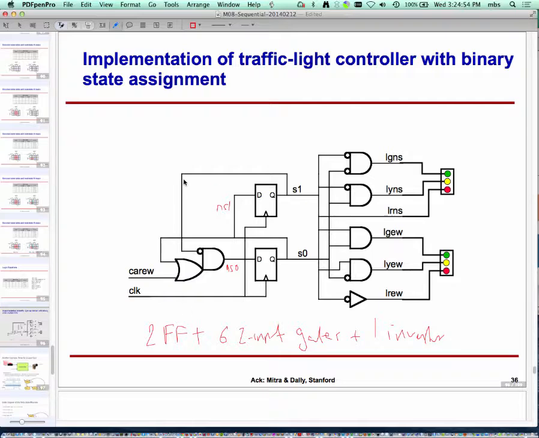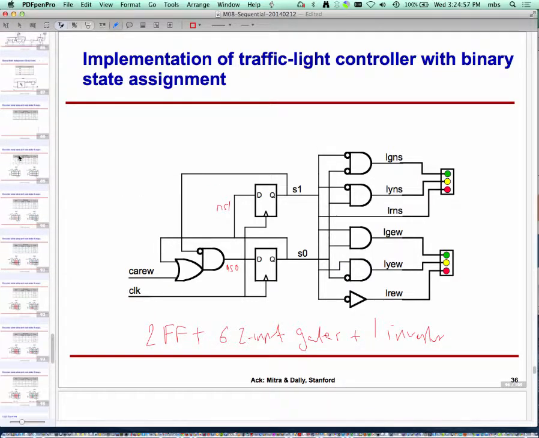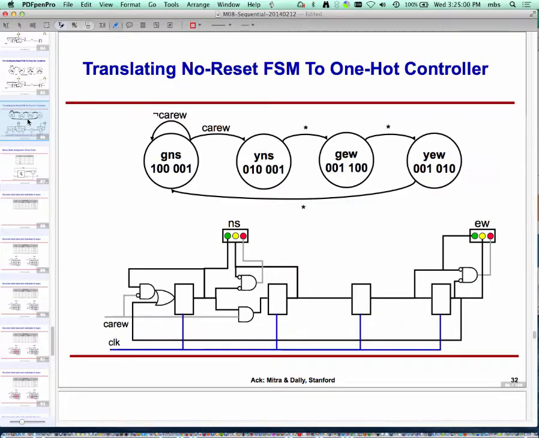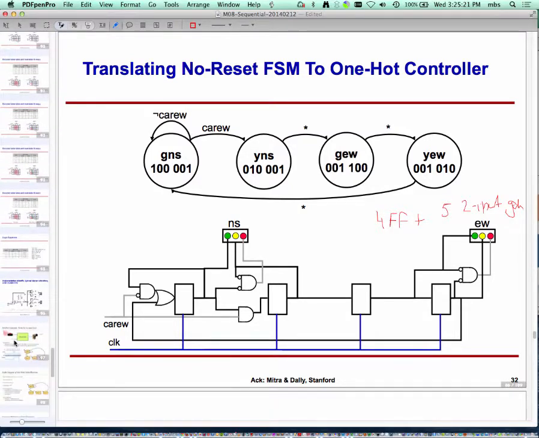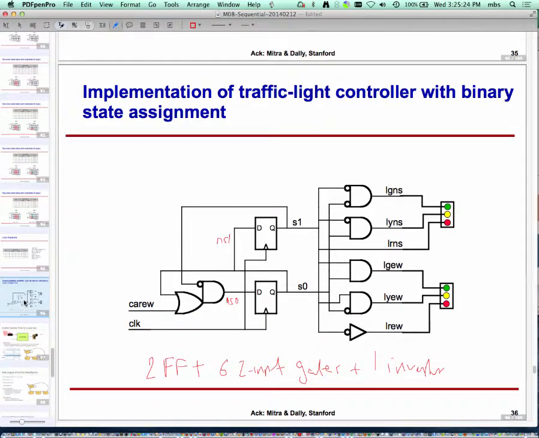My previous one-hot coded design has 4 flip-flops plus 5 2-input gates. So 4 flip-flops plus 5 2-input gates versus 2 flip-flops, 6 gates plus 1 inverter. So I guess one gate plus 1 inverter is saving us 2 flip-flops. So this would be better.